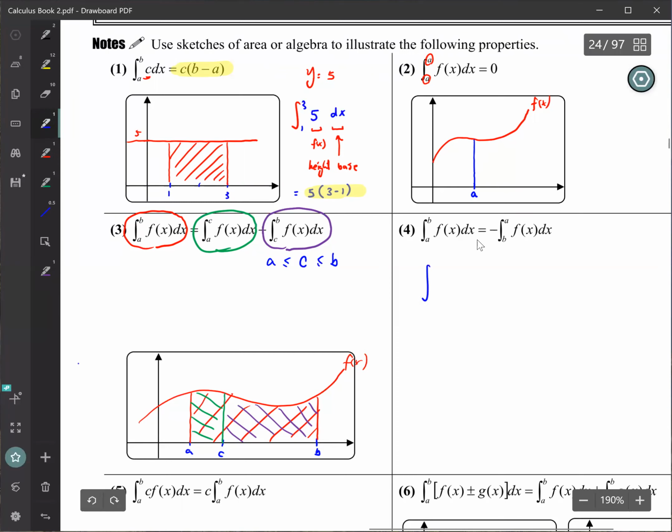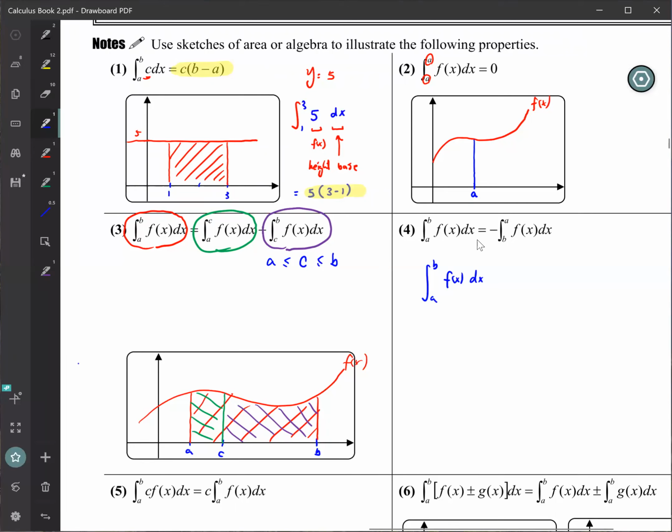So let's say we do a to b of f of x, and I'm going to write it as equal to, okay, let me erase this part. I can write it as a to b.